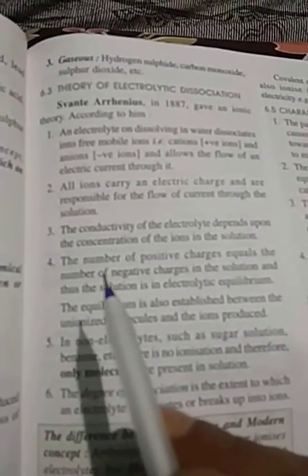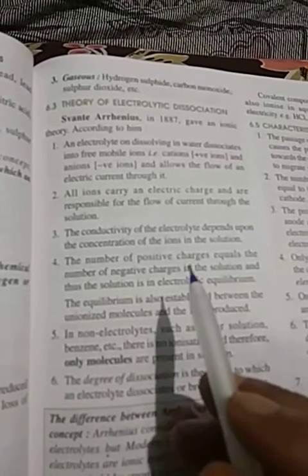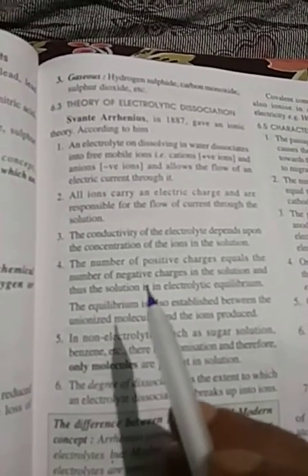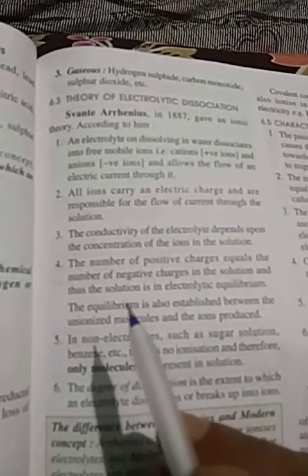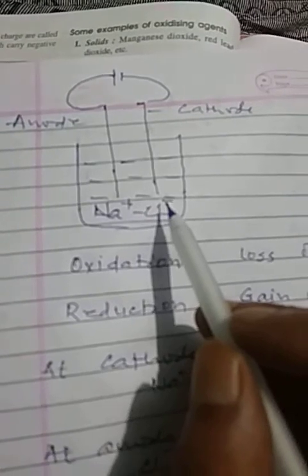During electrolysis, the number of positive ions is equal to the number of negative ions. If sodium loses 1 electron, chlorine will also gain 1 electron.